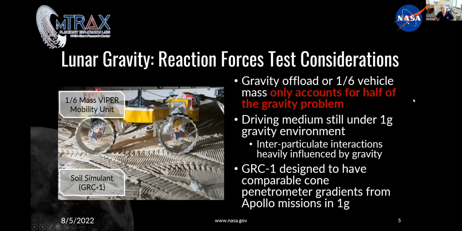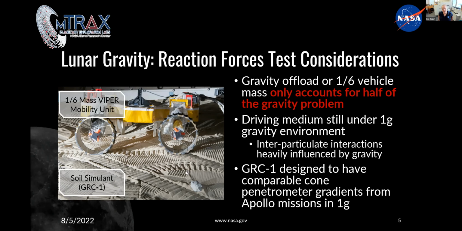The previous slide was about reactions on the vehicle, but now we're only talking about half the equation. GRC1 attempts to account for the 1G, but a lot of simulants neglect it entirely. Your vehicle that you're testing may be 1/6 the mass and lunar appropriate in terms of weight, but the surface that you're interacting with is still under 1G, and there's really no way to avoid that, especially in full-scale vehicle testing.